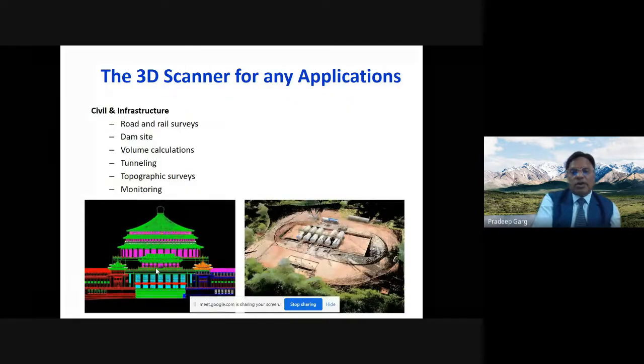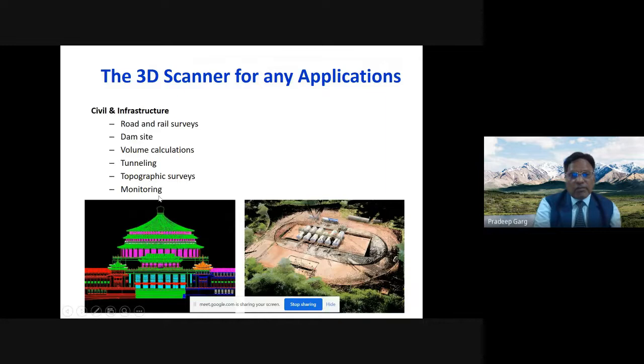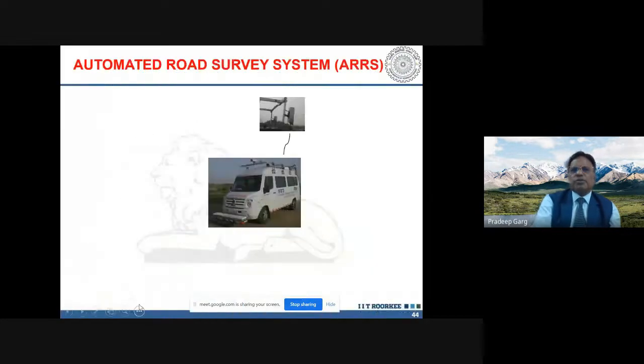But today you can collect the data for road and rail survey, dam site, tunneling, and monitoring of the area. You can see the building here, this particular building on the left. This data has been collected with the help of the 3D laser scanner. So in many infrastructure projects, it is being used.